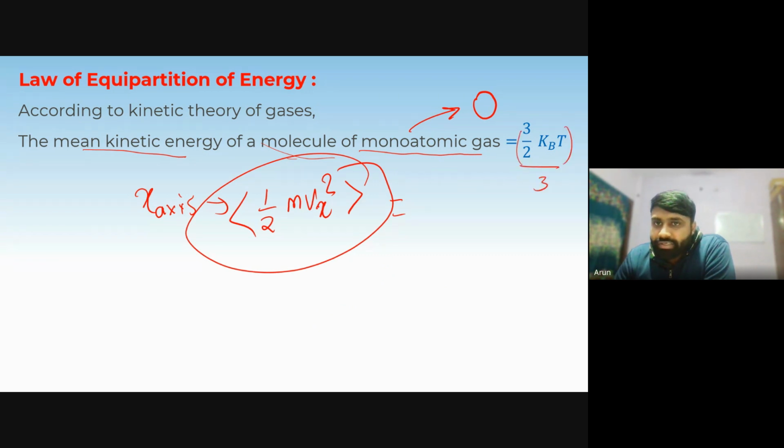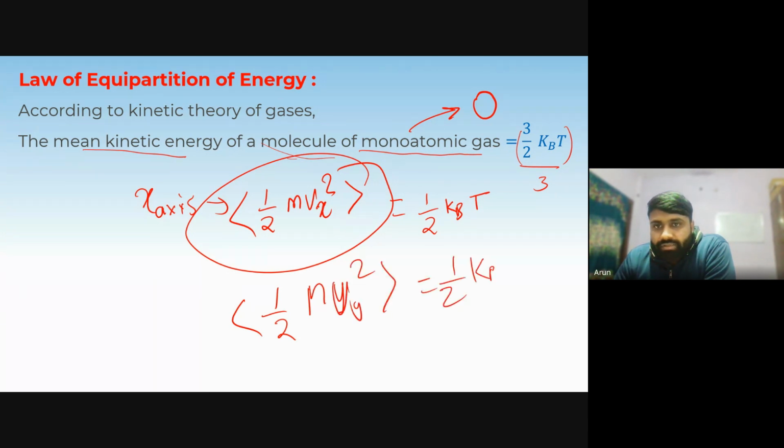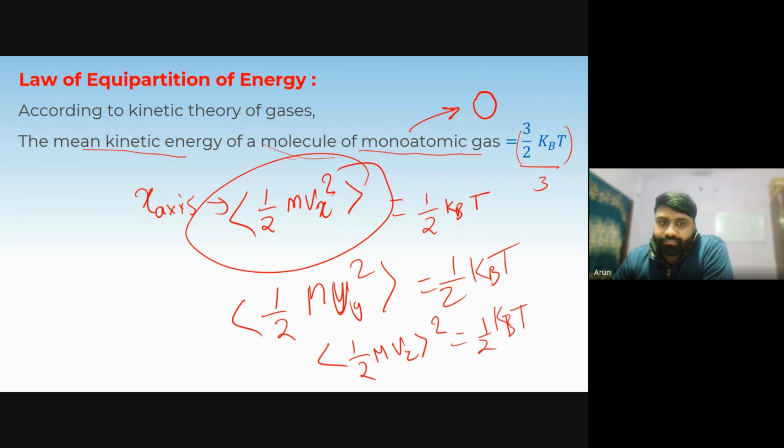If you divide it in three, it is 1 by 2 kb into T. Similarly for the y-axis, the mean kinetic energy is 1 by 2 m vy square, equal to 1 by 2 kb into T. And similarly for the z-axis, 1 by 2 m vz square, equal to 1 by 2 kb into T.